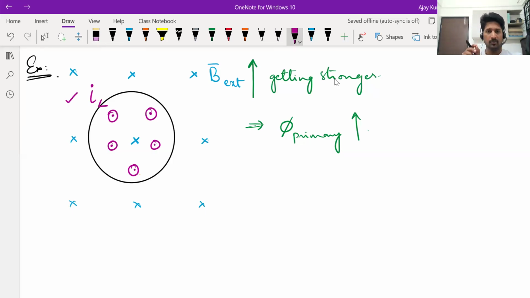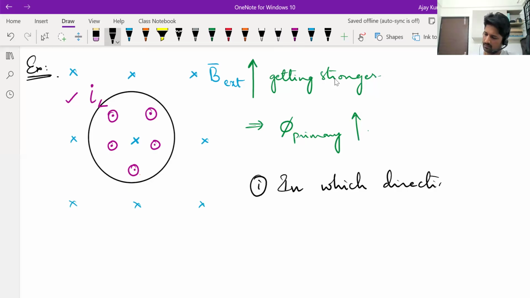So to get the proper direction of current flow, what you need to see is, first, in which direction. See, flux is not a vector quantity. I should not say flux has a particular direction. Field lines have direction, but just for convenience, I'm assigning a direction to flux also. I'm saying flux is in the same direction as field lines. Okay, flux is not a vector quantity. It doesn't have a direction, but field lines have direction.